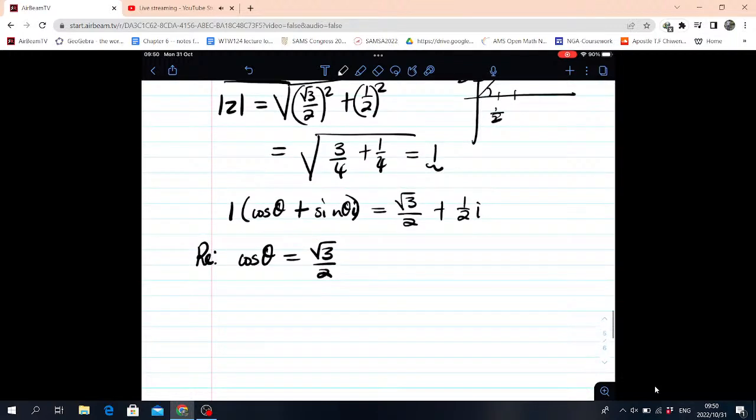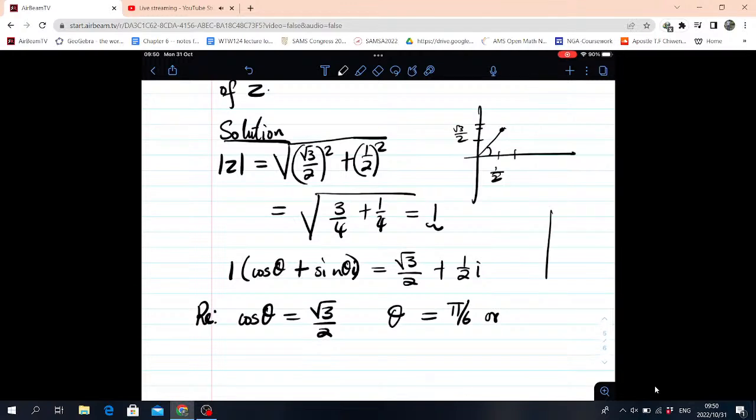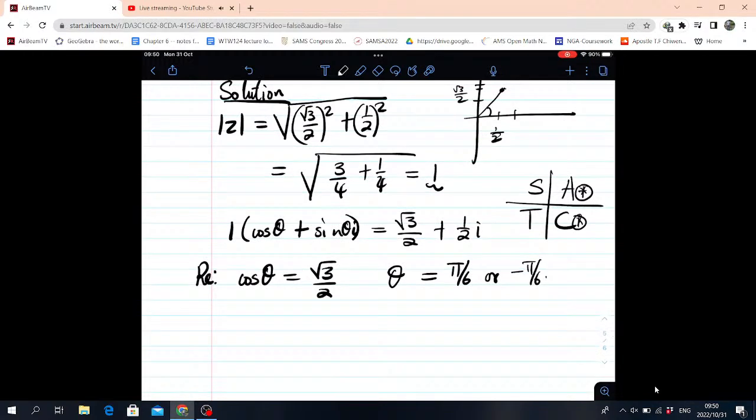And then this tells me that theta is going to be equal to pi over 6, or what's the other angle? If I draw my little diagram there, ASTC, cos is positive in here and in here. So, or minus pi over 6. So these are the two cases where cos is positive.